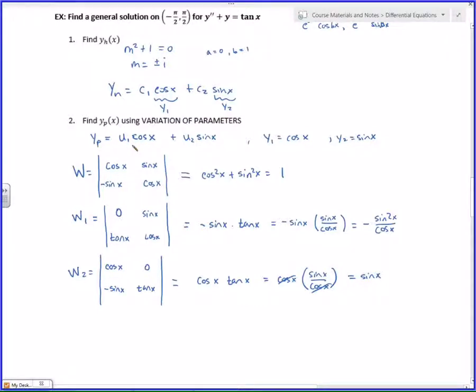Okay. And again, we did all this because we're just applying Cramer's rule to that system I derived earlier. I know then that u1 prime is W1 over W, or negative sine squared of x divided by cosine of x.